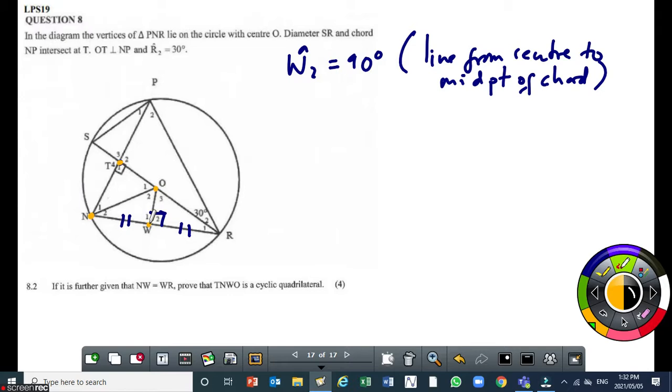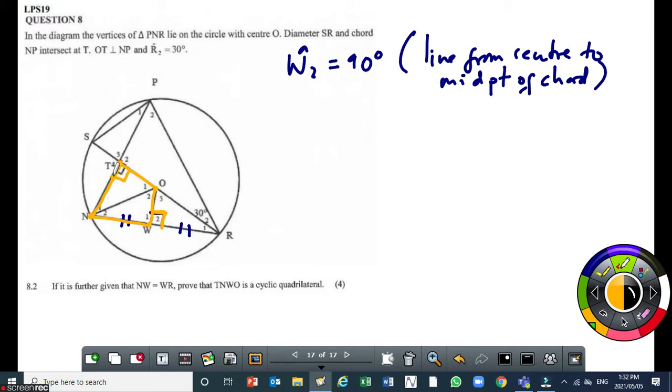So how can I prove that it's a cyclic quad? This angle here, I have proved that it's equal to 90 degrees. The quadrilateral is this one here, which means this angle is an exterior angle of the cyclic quad, because this angle here is 90. So I'm using the converse of theorem 6.